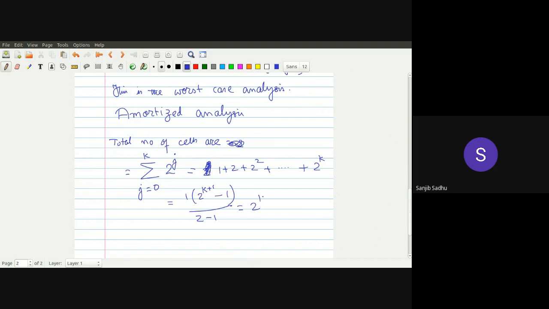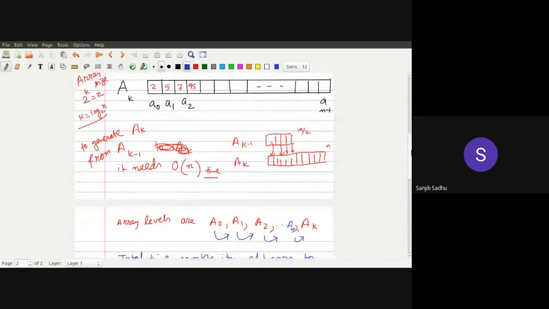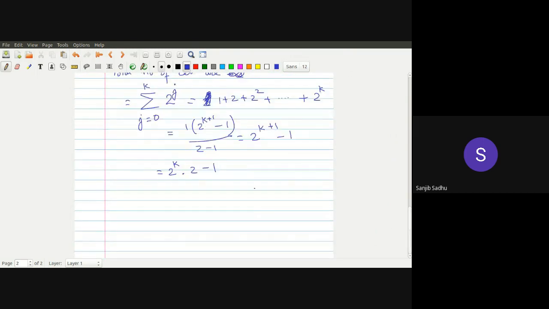So this is 2 to the power k plus 1 minus 1, that I can write as 2 to the power k into 2 minus 1. Now 2 to the power k is n, you know already that the last level contains 2 to the power k elements, which is equal to n. So if you put that, it will be 2n minus 1. So these many cells are there.